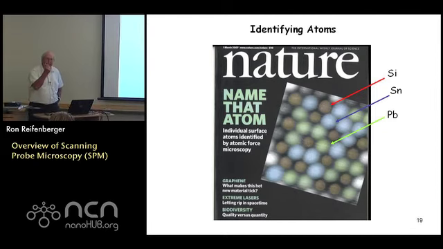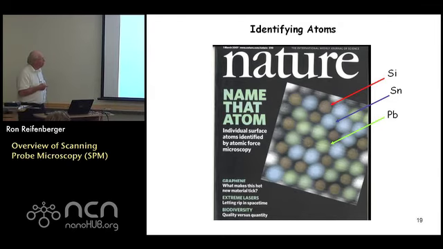And by measuring the difference in the force between the tip when it was positioned over each atom, they were able to identify the atoms in the substrate. So the force between the tip and each different type of atom is slightly different from one another. It depends on what the atom is made from.